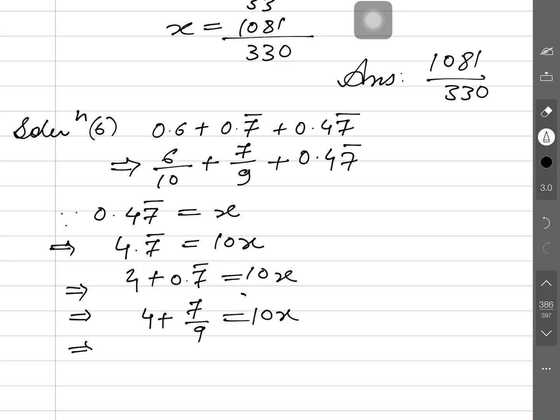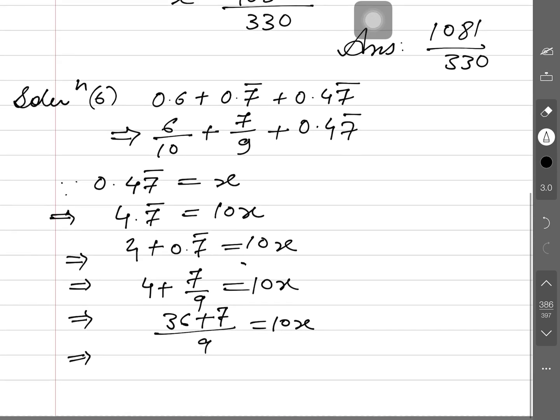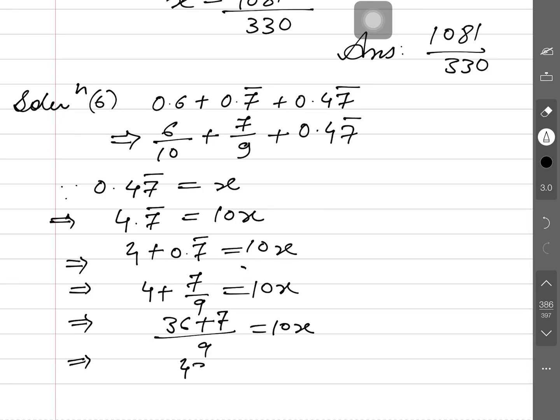One digit is repeating, 9 fours are 36 plus 7 divided by 9 is 10x. Next, how much is this? 43 divided by 9 is 10x. X is equal to 43 by 90. Now, this is the value in place of 0.47 bar.